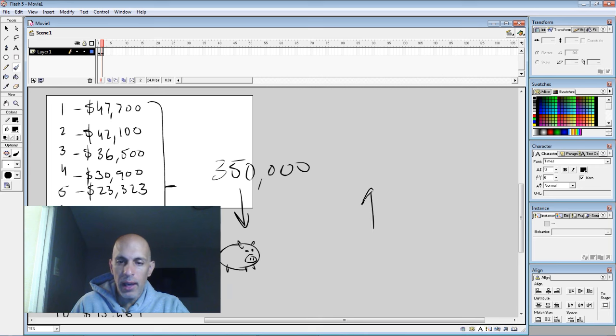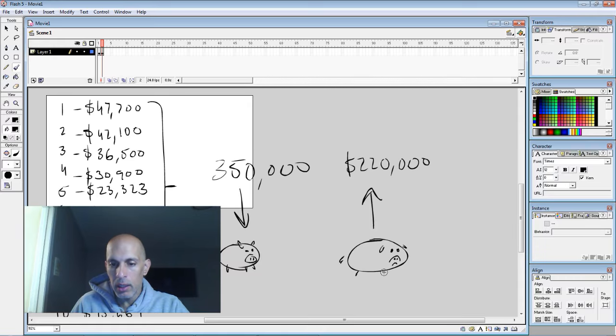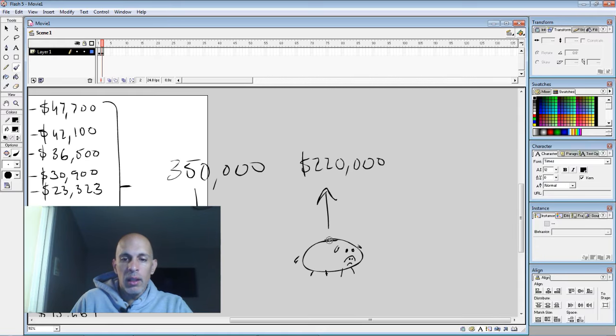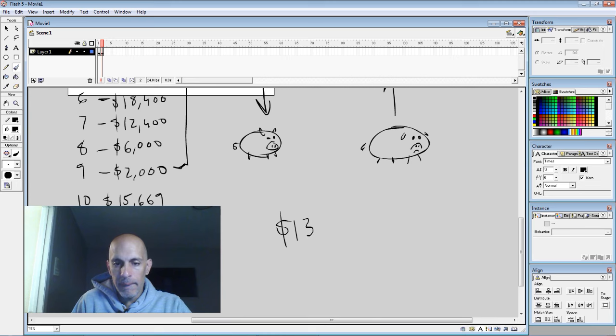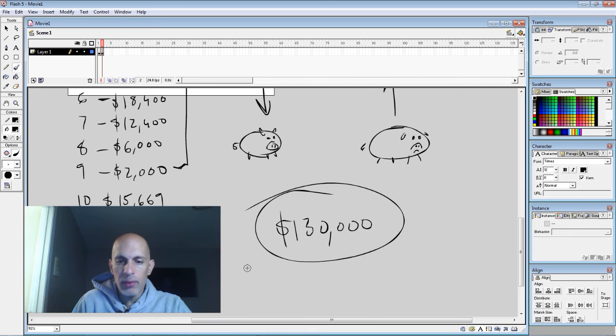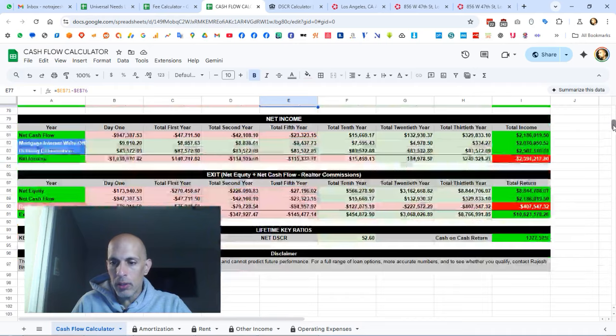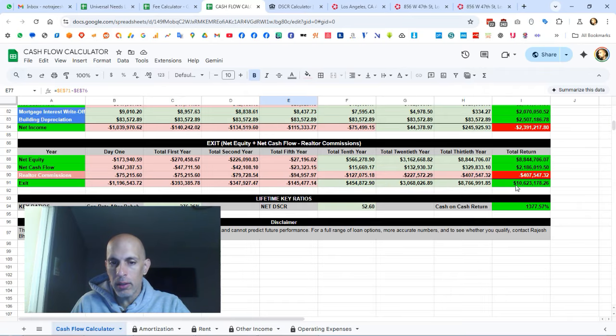And then you have to pay out roughly $220,000, right? Sad piggy. So that's $130,000 profit after the refi.